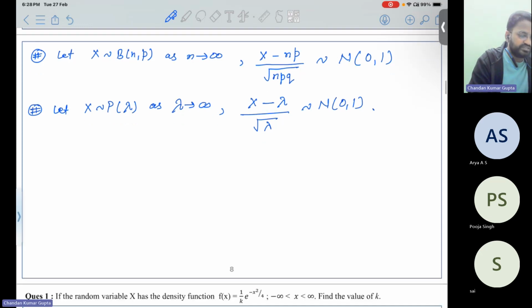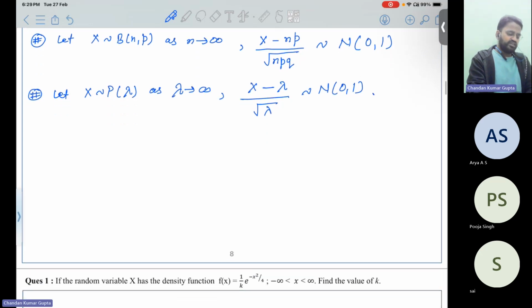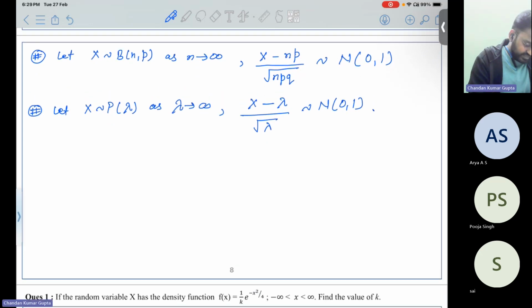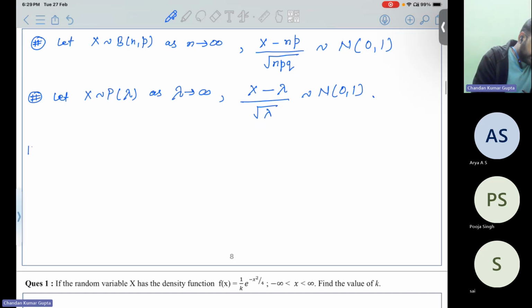So this is the case. I think there is less space, but we will discuss again. We also have some other distributions like the log normal distribution.